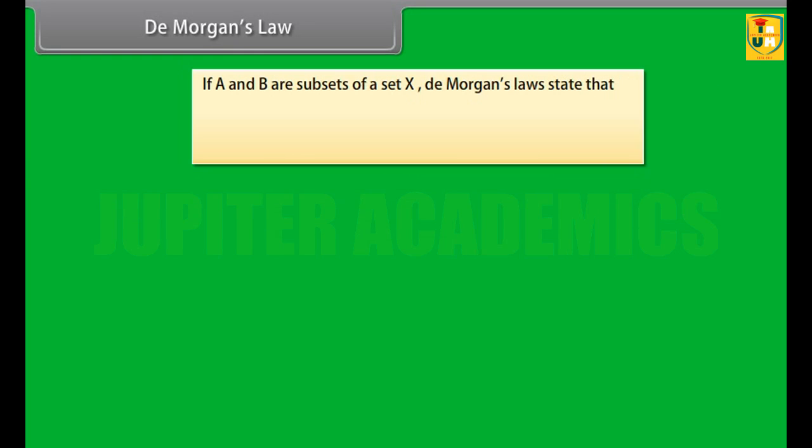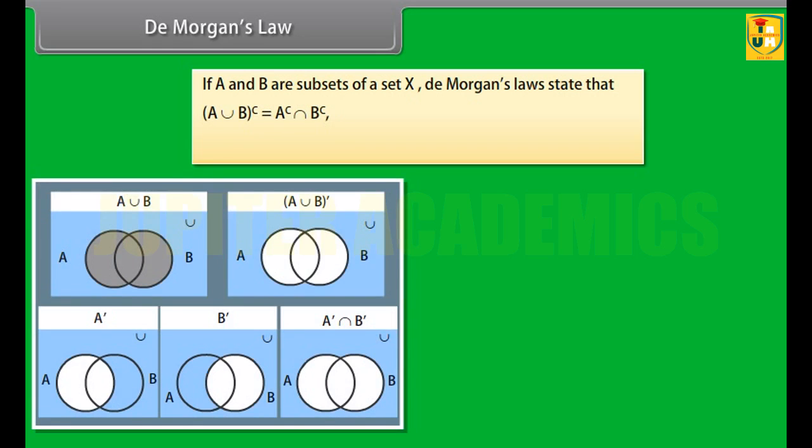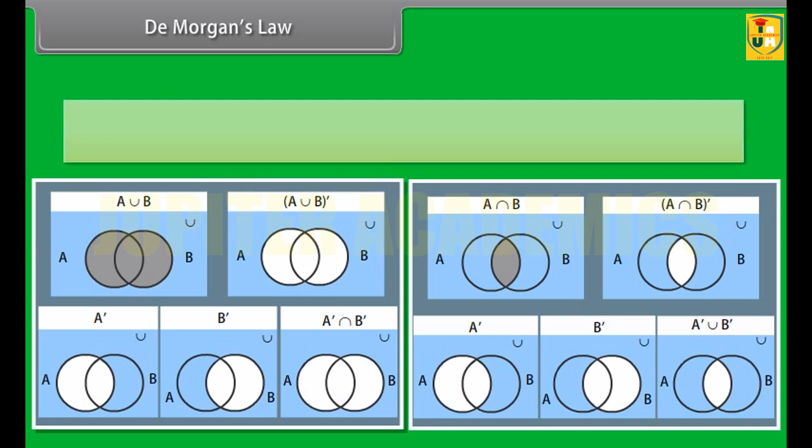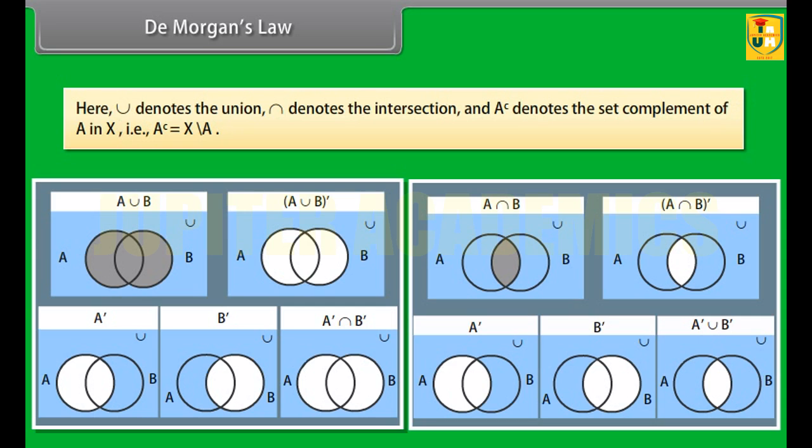If A and B are subsets of a set X, De Morgan's law states that complement of (A union B) is equal to complement of A intersection complement of B. Complement of (A intersection B) is equal to complement of A union complement of B. Here, this denotes the union, this denotes the intersection, and this denotes the set complement of A in X.